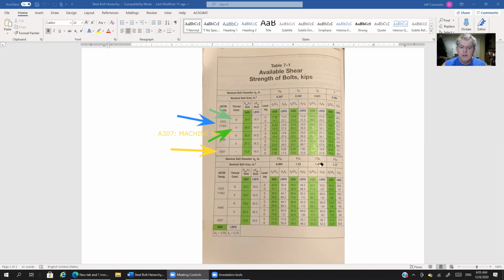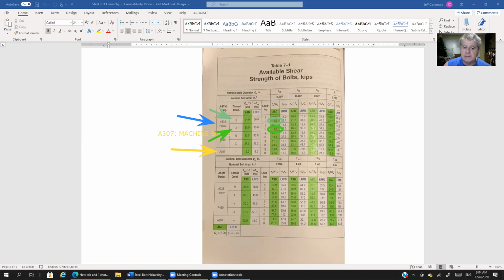So for the A325 bolts, if we look at this value of 14.7 and then look at this value of 18.4, the more economical would be the N. And that stands to reason.